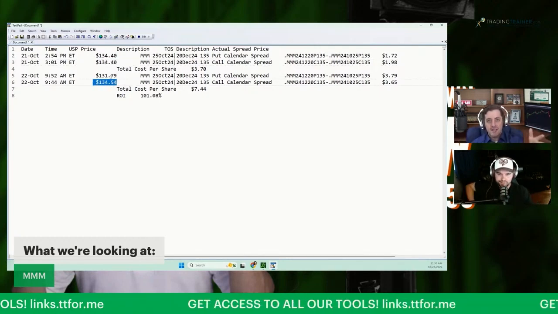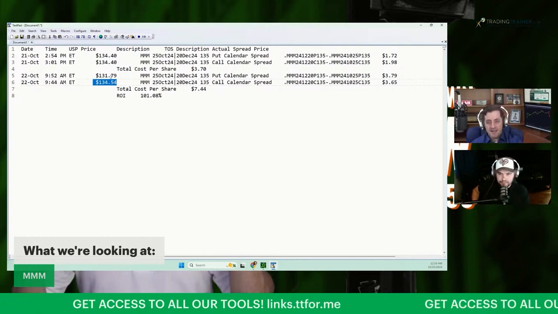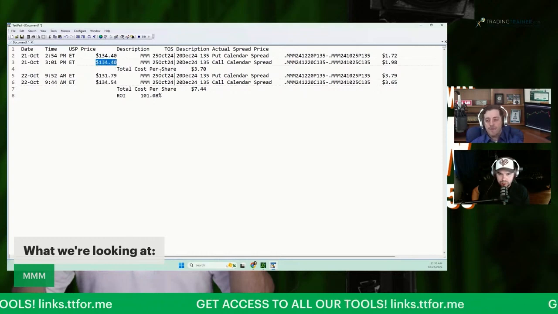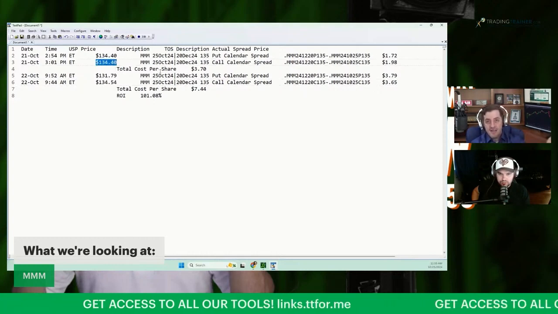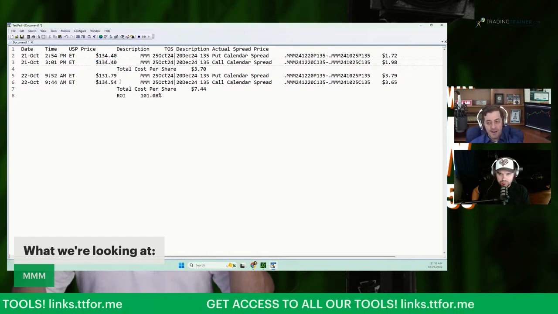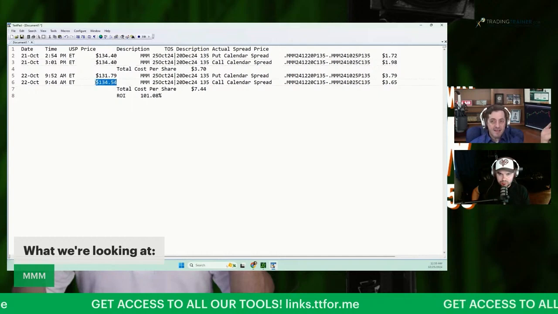When you use these automatic conditional trades, you say, okay, trigger the trade at 134.40. So your calendar spread goes down to the trading floor when the underlying symbol is at 134.40. Where it gets filled might be slightly different.